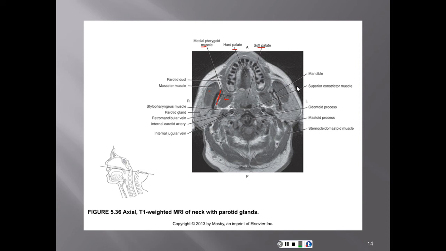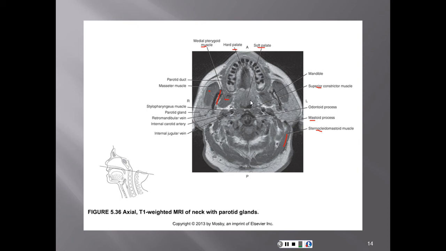We talked about the constrictor muscle, if you remember it, the palatopharyngeus muscle. Okay, the mastoid process of the temporal bones. We discussed the odontoid process, the sternocleidomastoid muscle that is originating from the mastoid.